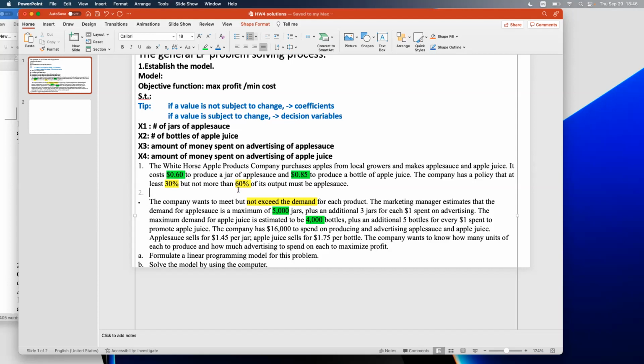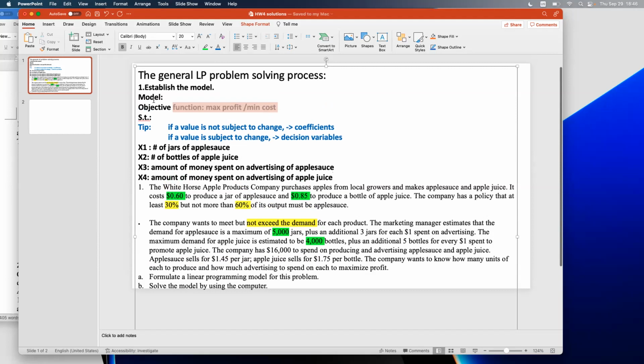Okay, so next step, right? Also ask that question. We want to formulate the linear programming model. So how to formulate a model? Basically we follow our standard model. In the model, we need to formulate the equation of the objective function and all the constraints.